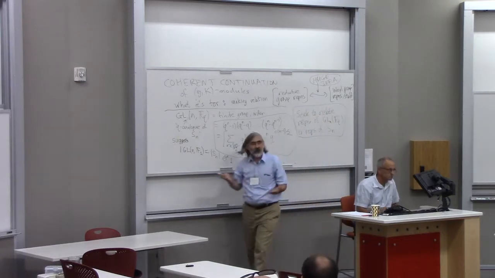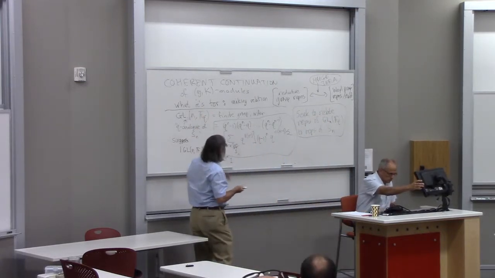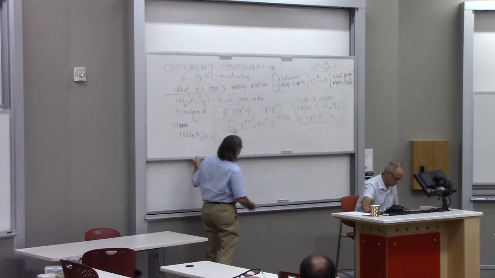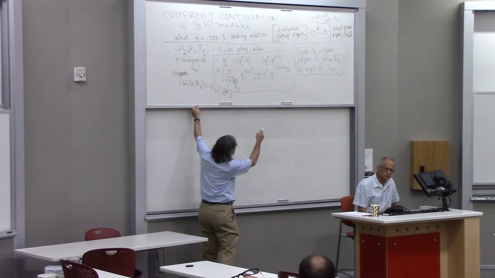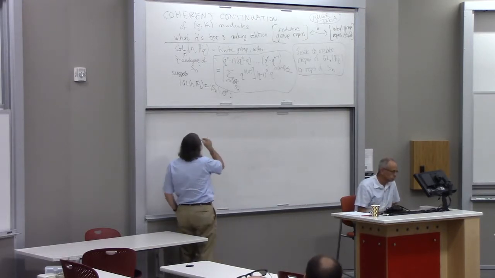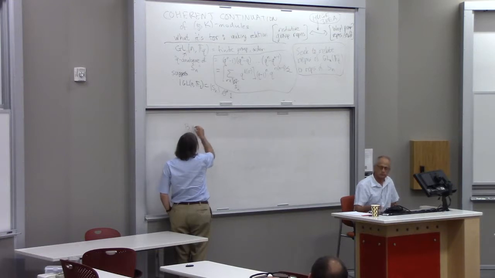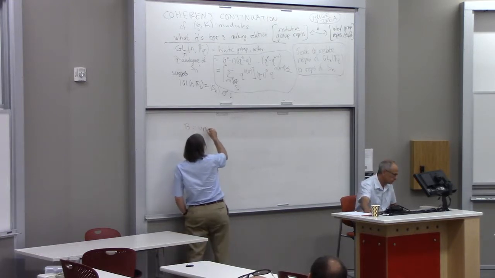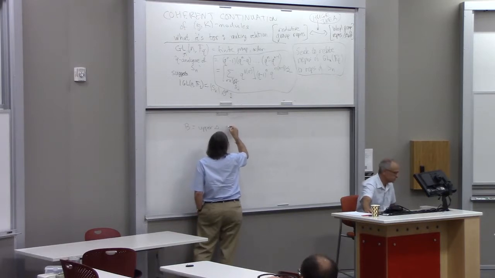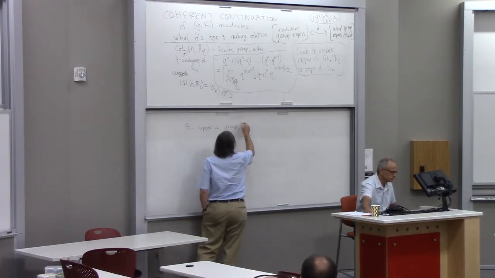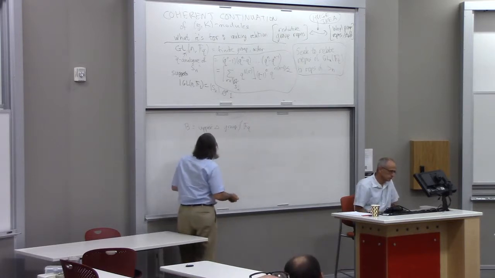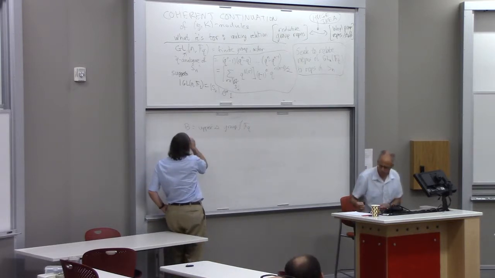So as I say, that's what the coherent continuation is going to be about for real reductive groups. But I want to just remind you of how this can be done. So if I take B is upper triangular group over F_q, then the Bruhat decomposition.